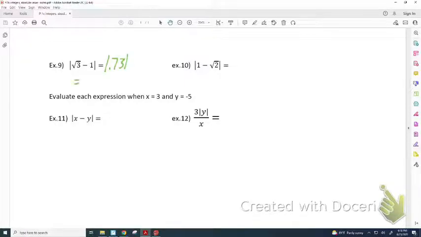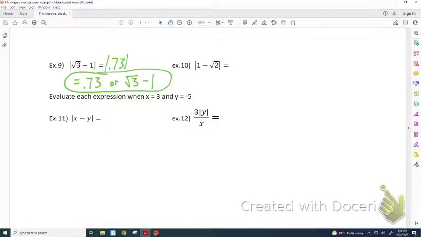Which gives you 0.73, or the simplest radical form, which is square root of 3 minus 1, as is without the bars. I'm okay with either of those answers. But be careful just dropping the bars. If the second number is bigger, like on number 8 or on number 10, those terms flip.